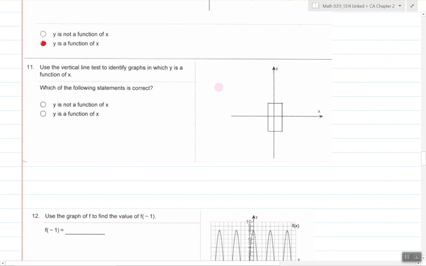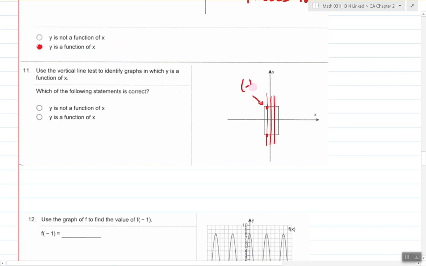Take a look at this. This graph looks like a rectangle. So I want to know if that represents a function. So I start looking at some representative vertical lines. I've only drawn 3. There are an infinite number of them, but this vertical line intersects the graph in 2 places. It is possible, I'm just going to make this up, that this is the point -1, 2.